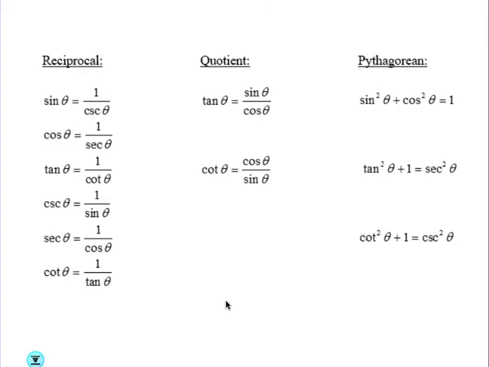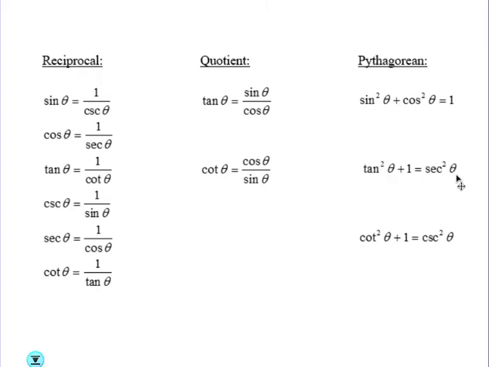We have discussed the Pythagorean identities before. The main identity is sine squared theta plus cosine squared theta equals 1. And as we discussed in a previous tutorial, if you divide this identity by cosine squared, you'll end up with the second identity here.